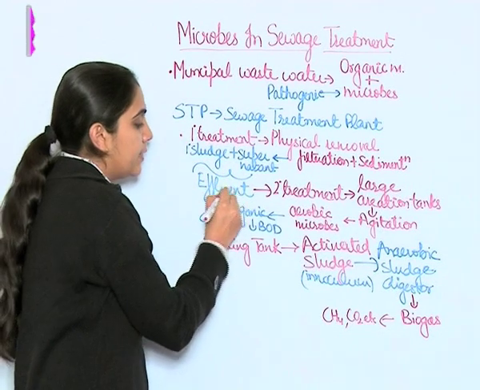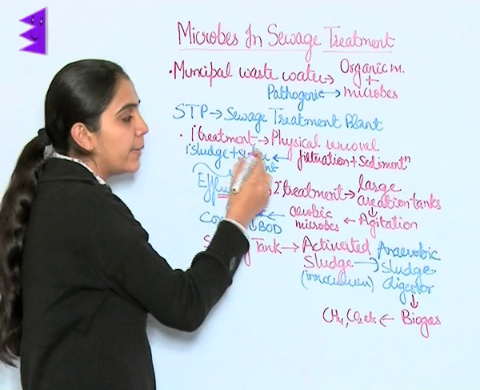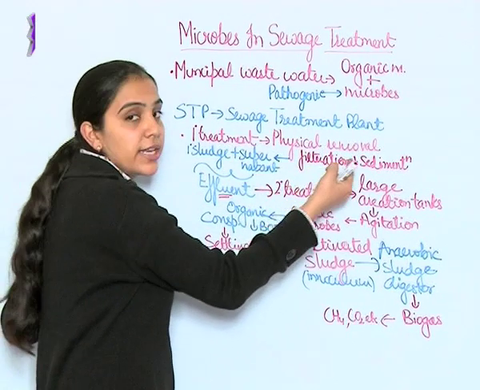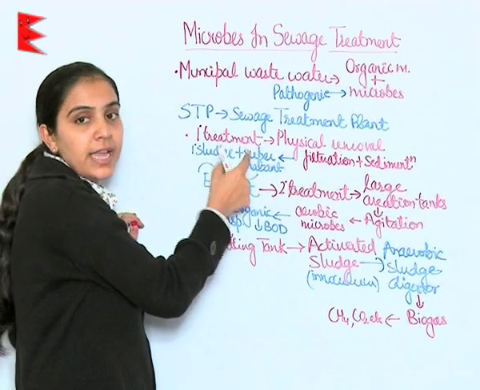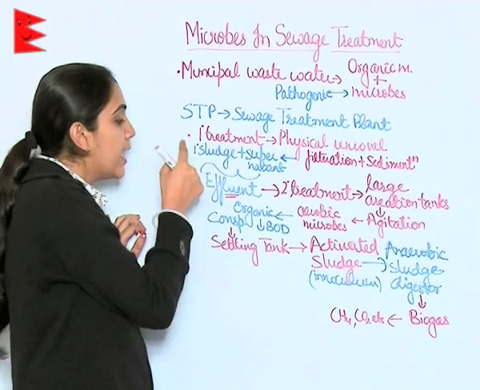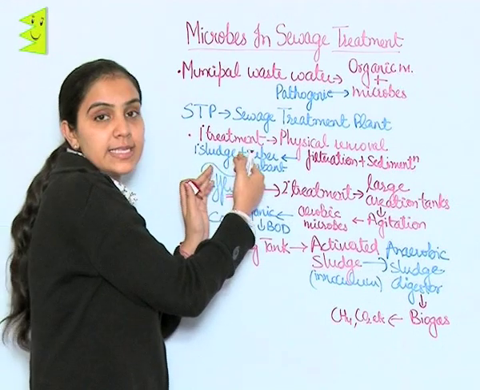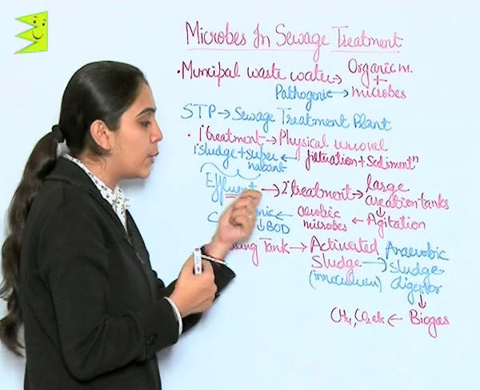Here you can see in primary treatment we remove particles physically by filtration and sedimentation. After that we get the primary effluent. This primary effluent is made up of primary sludge plus supernatant liquid.